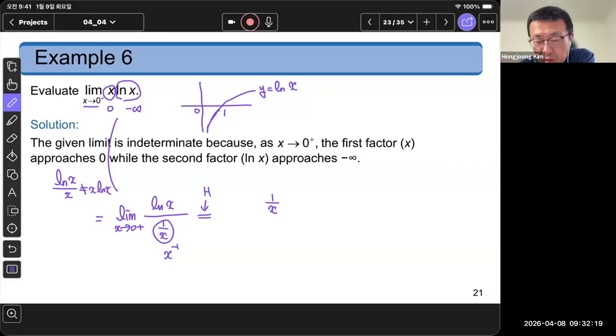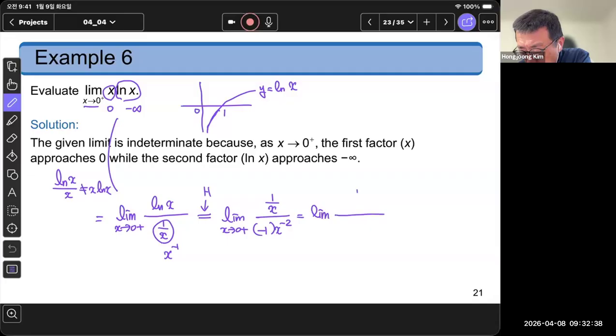So if I differentiate it, you get negative 1 times x to the negative 2. And then you let x go to 0 from the right. So x to the negative 2, what is that? So we have 1 over x in the numerator and negative 1 times 1 over x squared.